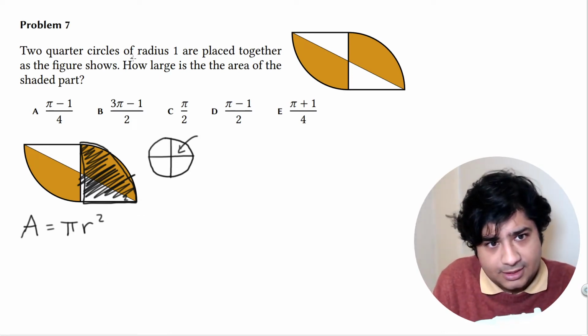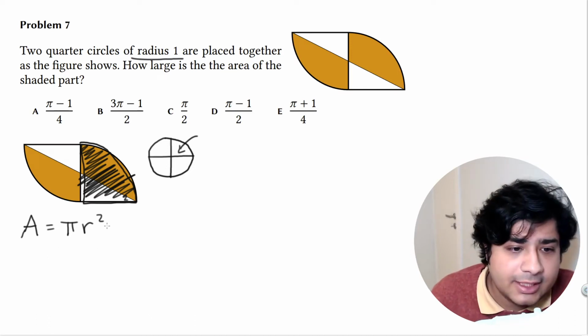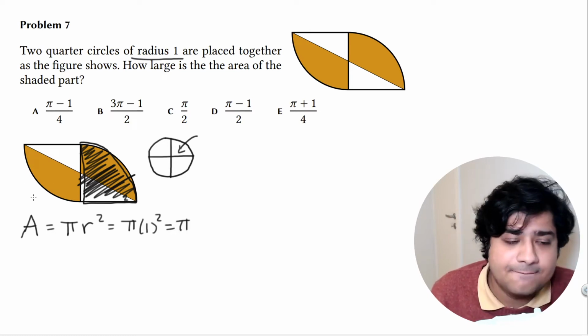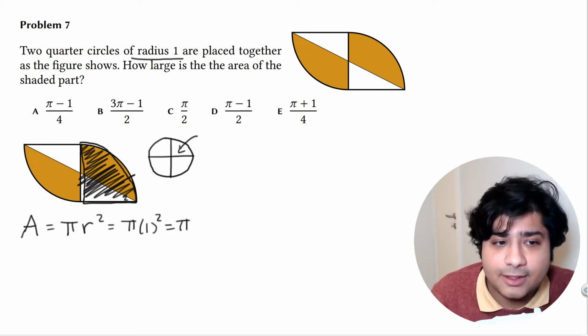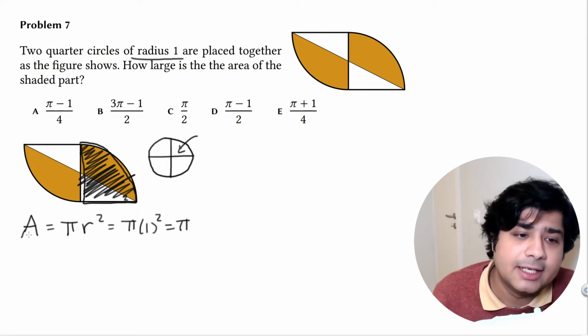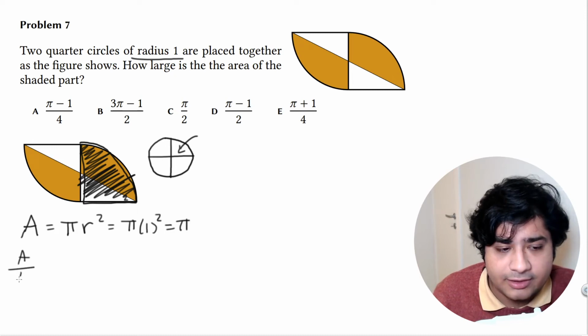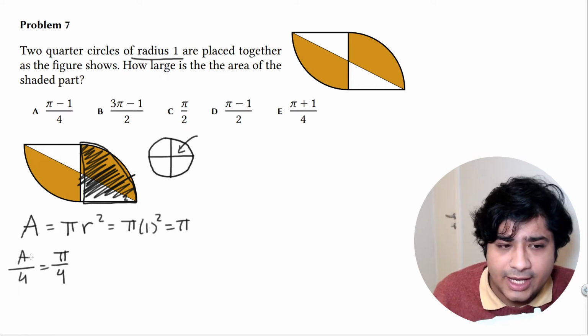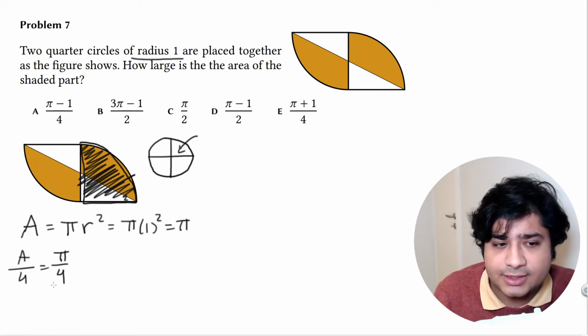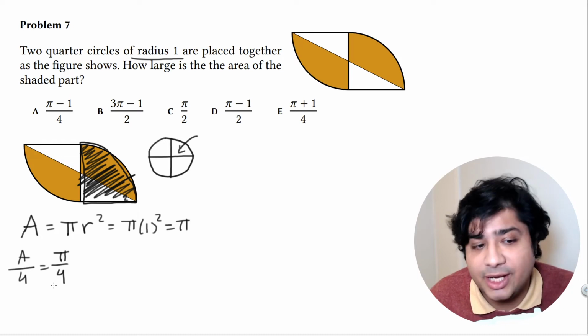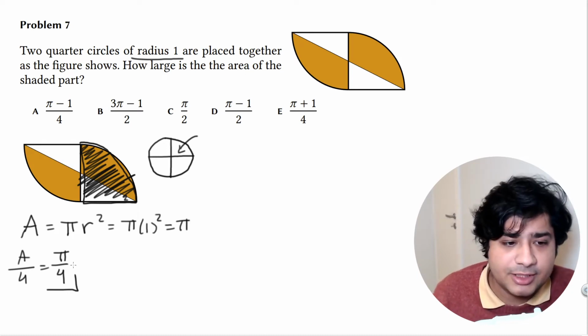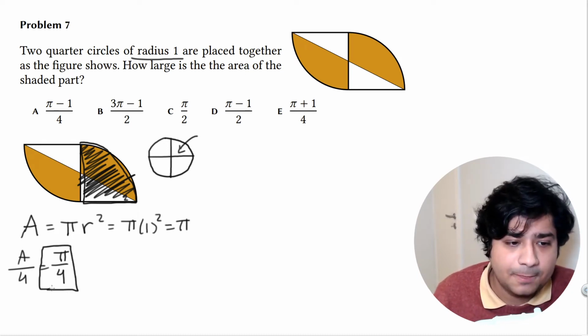So that will be pi times 1 squared, which is just pi. So the area of the entire circle is pi. Of course, we're only dealing with a quarter of it, so the area divided by 4 is pi divided by 4. And there are 2 quarter circles here, so that would be pi divided by 4 plus pi divided by 4. All right, so we got that information saved here.